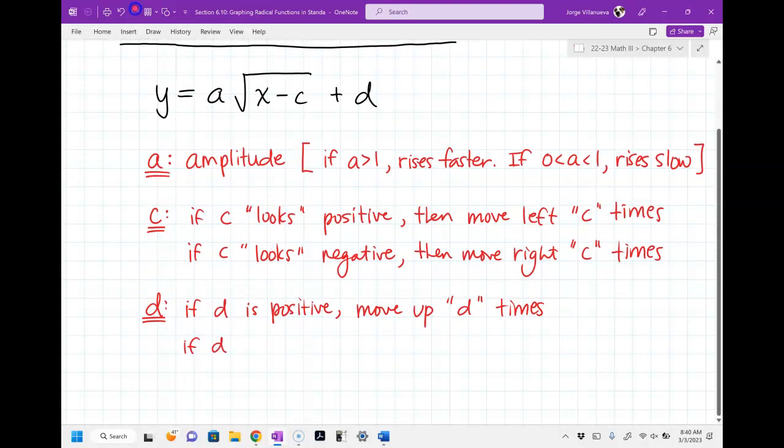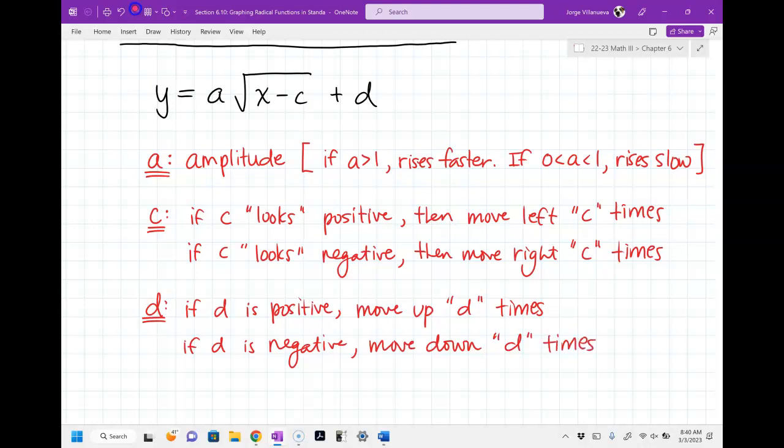And if D is negative, move down D times. So if D is positive, go up. If D is negative, go down.